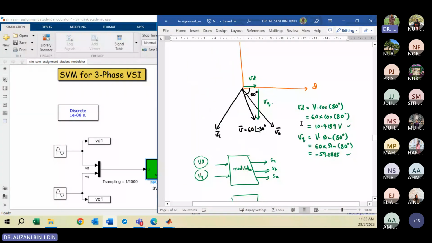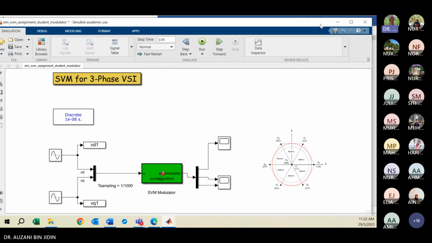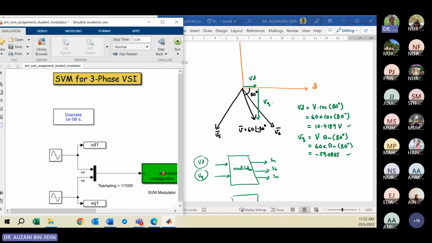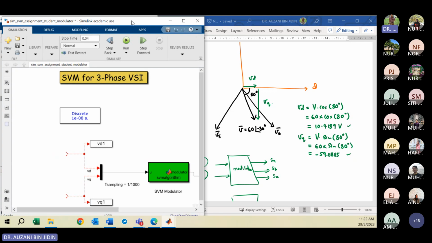This one. Okay, we have calculated this one, VD. So you need to replace this block. You remove the block with a constant block.